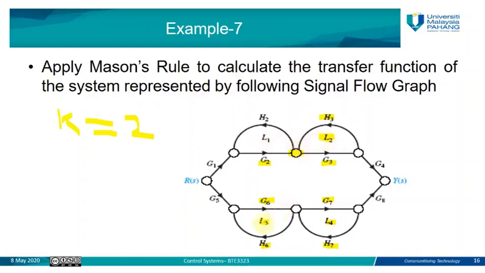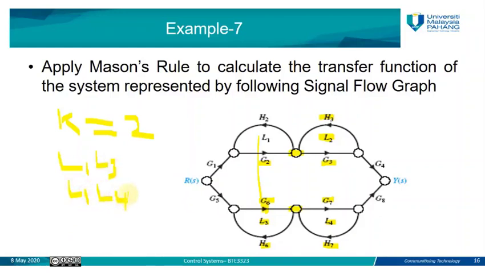Is L3 touching with L4? Yes, because there is one node in common between them. So L3 is touching with L4. But L1 is non-touching with L3 because L1 only uses these 2 nodes, and L3 uses 2 different nodes. So L1 is non-touching with L3. Also L1 is non-touching with L4.